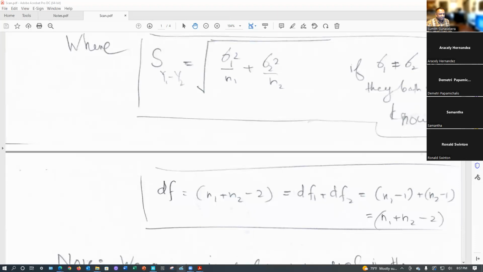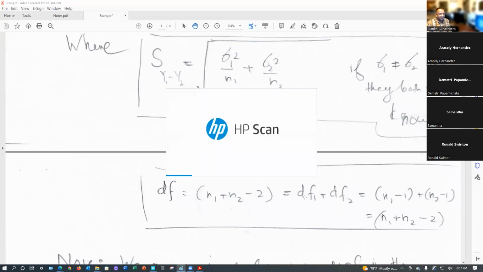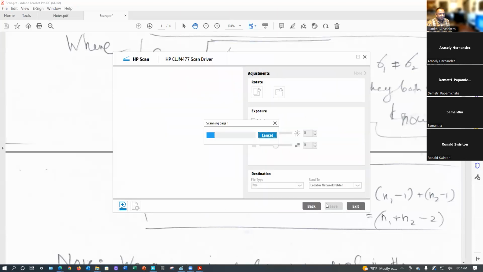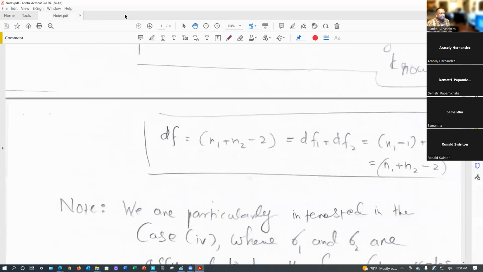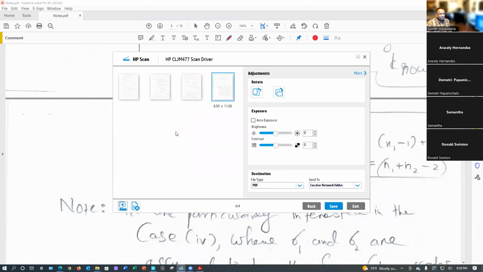Give it a try because there are 6 pages. For a certain reason, that page doesn't count.